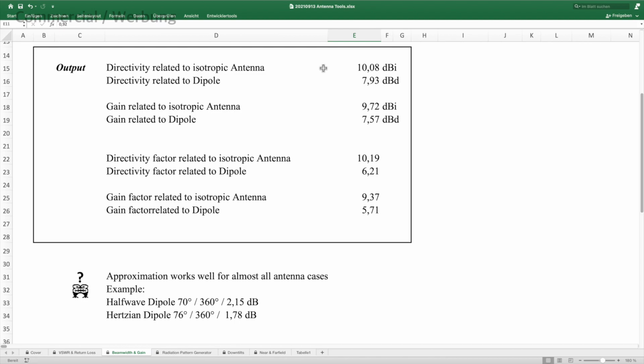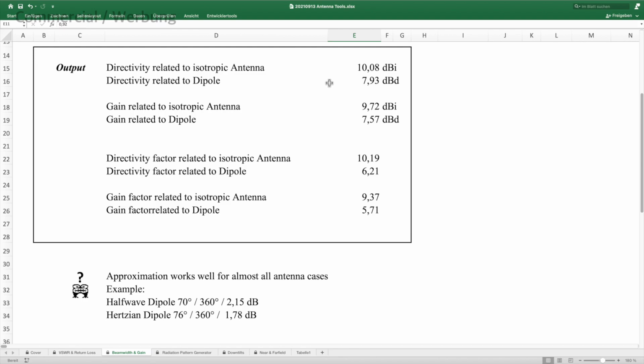Since an isotropic antenna doesn't exist in practice, there is a second definition in dBd that relates to a half-wave dipole, which has a directivity of 2.15 dBi or 0 dBd.